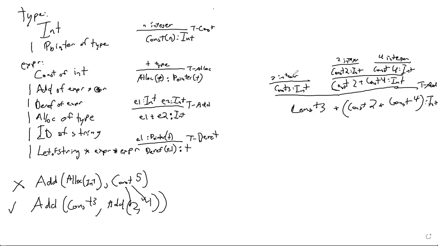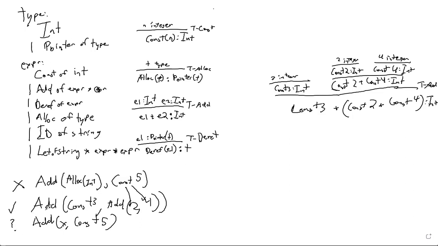You'll notice that we haven't covered ID or let yet. That's because they're somewhat more complicated. In ID, if we have, say, the program add of x const 5, it depends. In some circumstances, this should be well typed.